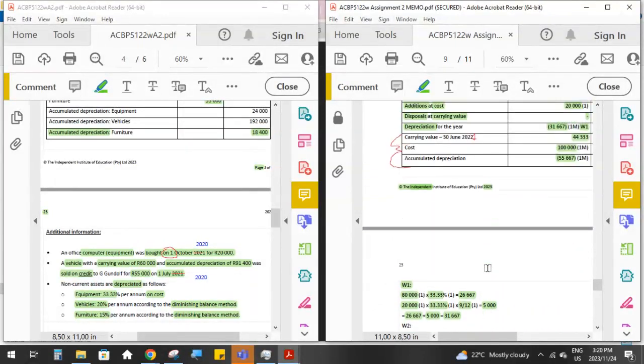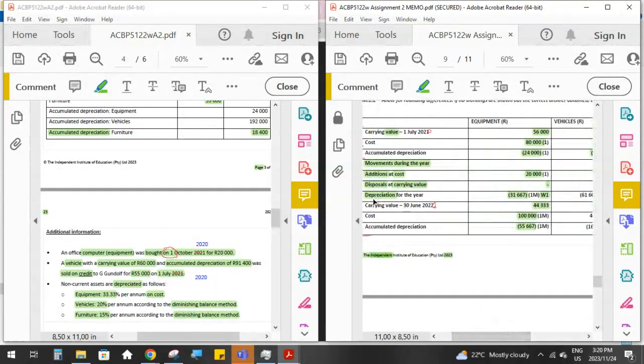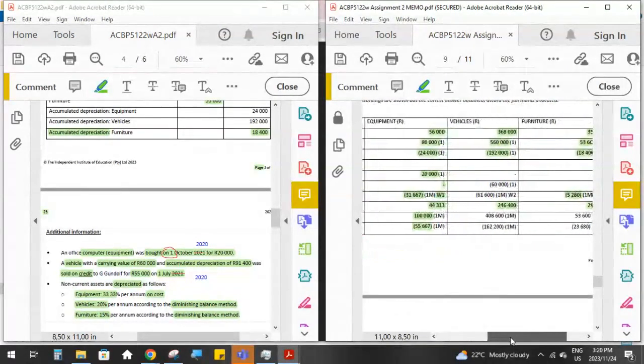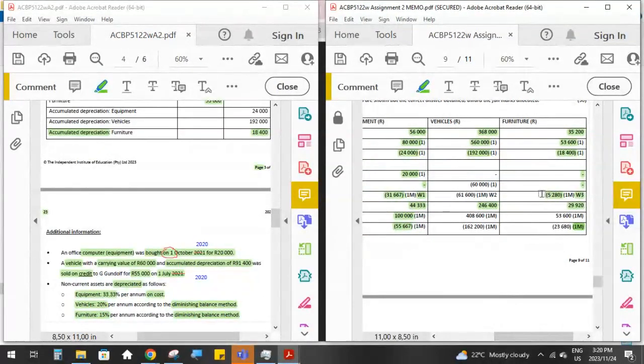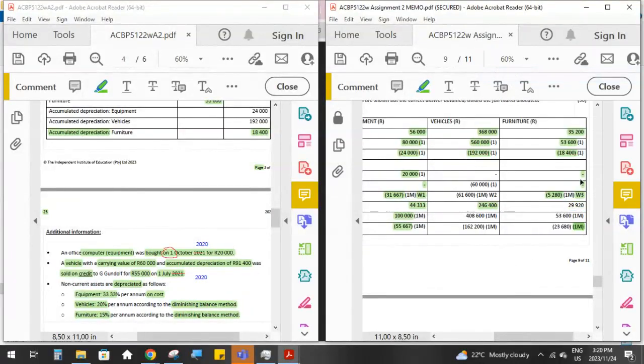We take our 5,280, which is the current depreciation that we've worked out, and we put it on the depreciation for the year, or we can also call this line current depreciation, and we put that under furniture. It must be in brackets because it's a minus, and then we just work out all of our closing balances here. 53,600 at cost is still 53,600 because I didn't buy or sell any new furniture.